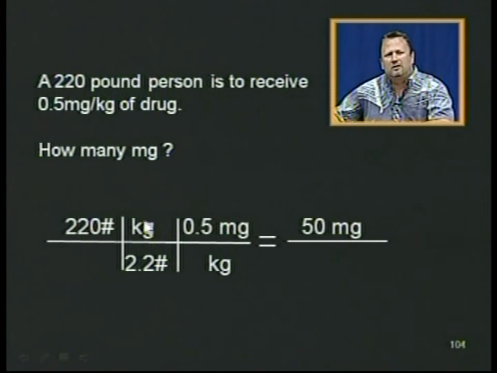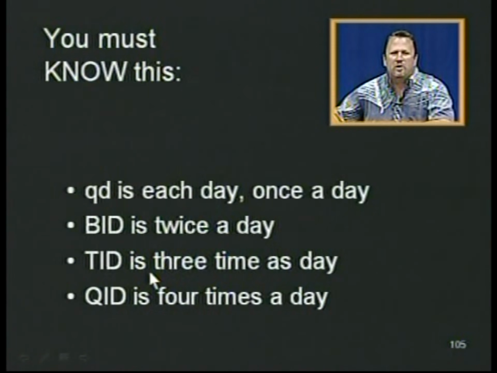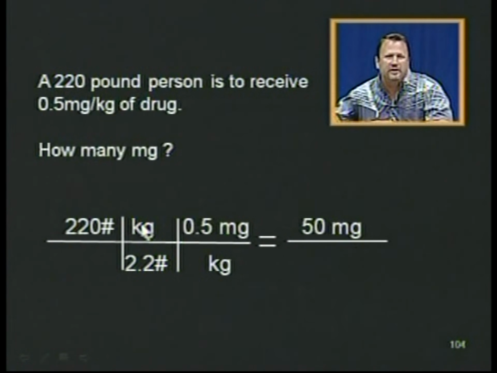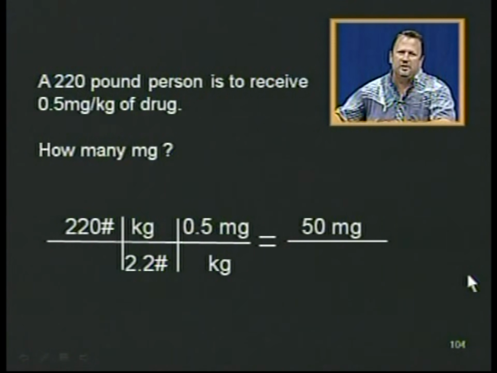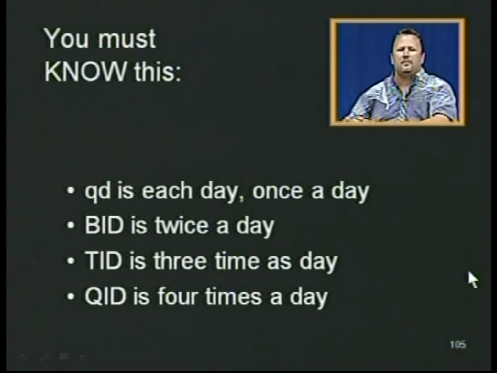We've canceled kilograms and we've canceled pounds. And so 220 divided by 2.2 is the same thing as 100 kilograms, and 100 kilograms times 0.5 is 50 milligrams. And so you want to be able to do these setups.